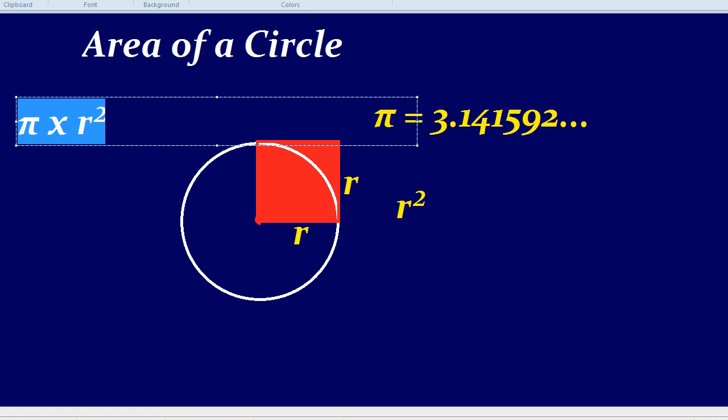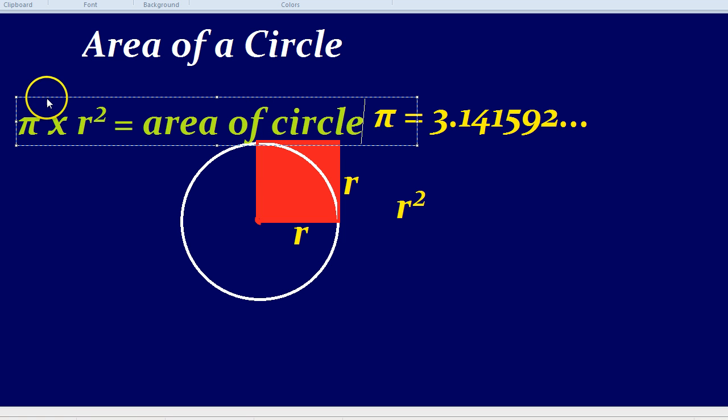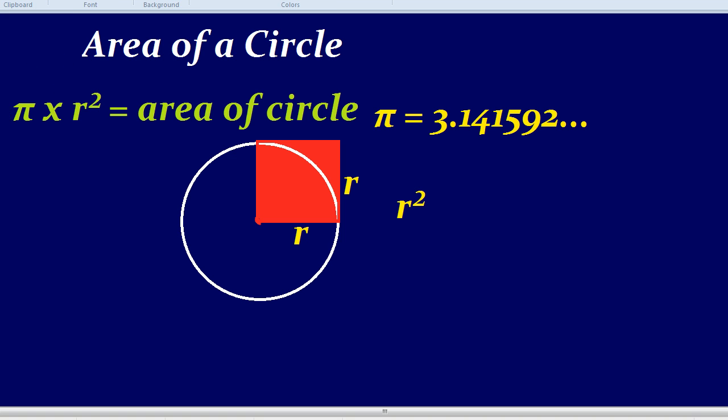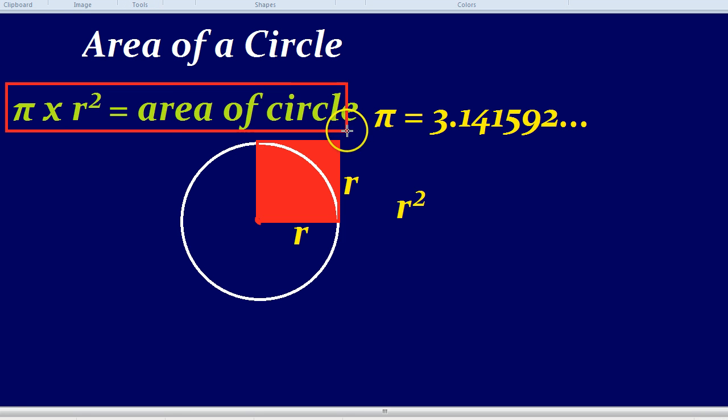Let's put that in a nicer colour. Pi times the radius squared equals the area of the circle. That is so incredibly important and useful. I'm going to put it in a little box, and then I'm going to highlight it.